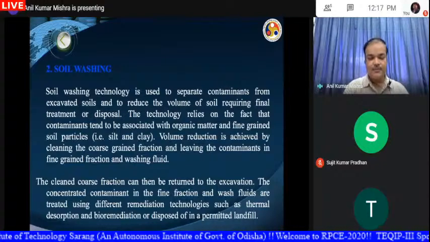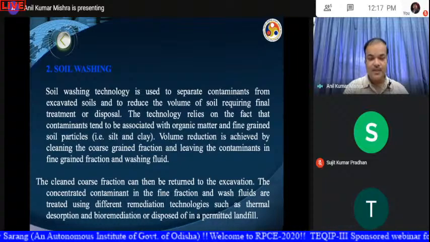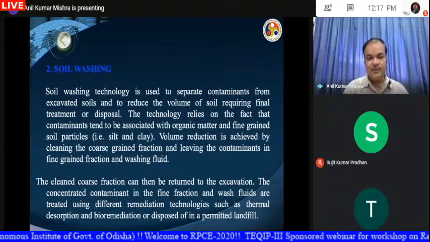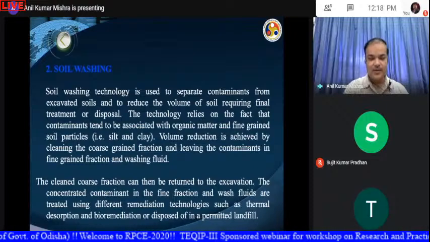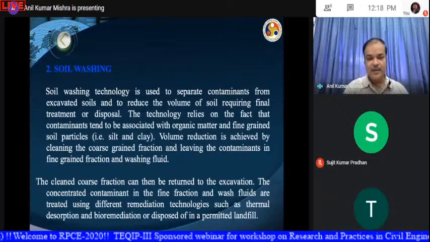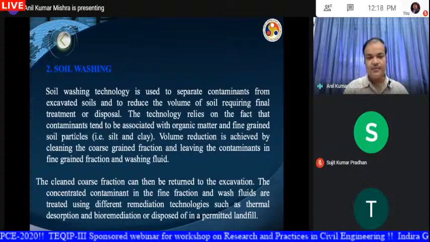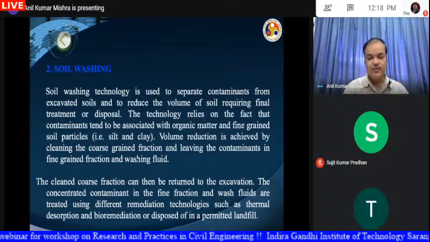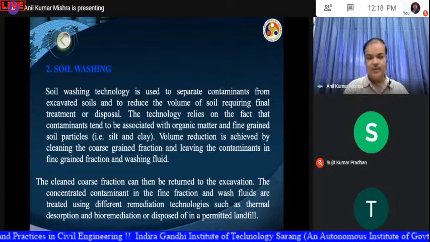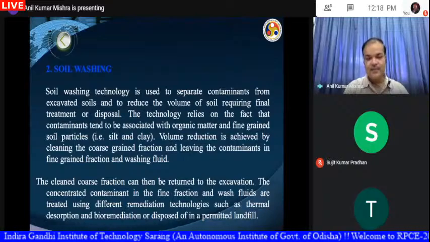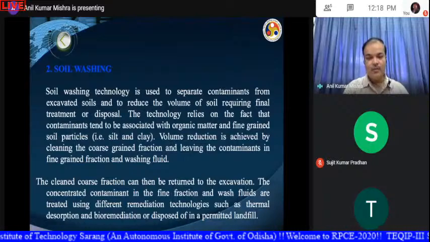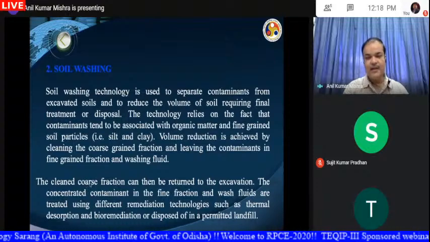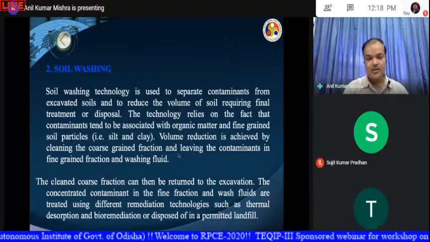The amount of clay present in a soil may sometimes be limited, and if you use the same technique for the entire soil to remove the contaminant, then the cost of treatment will be very high. So in this method, we have to separate the large particles from the fine particles. Once the fine particles are separated, they can be treated separately, and by that the volume of contaminated soil gets reduced, and so the cost gets reduced.